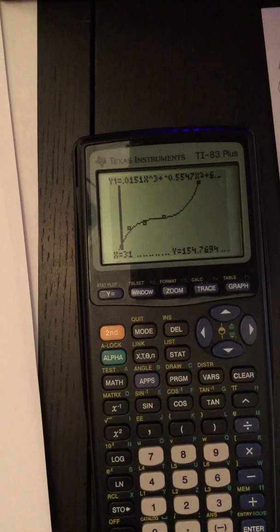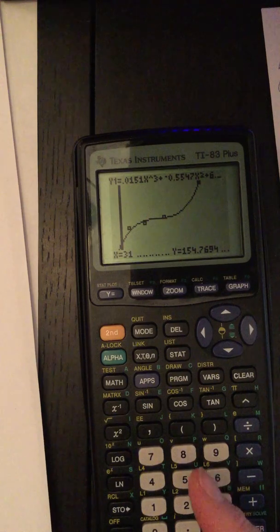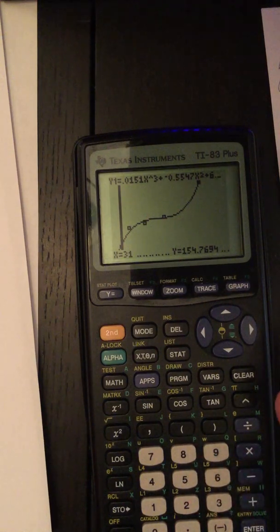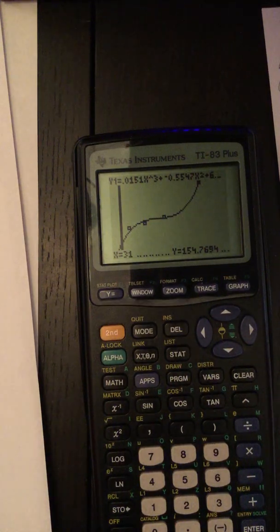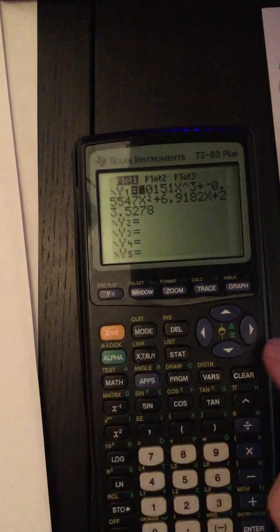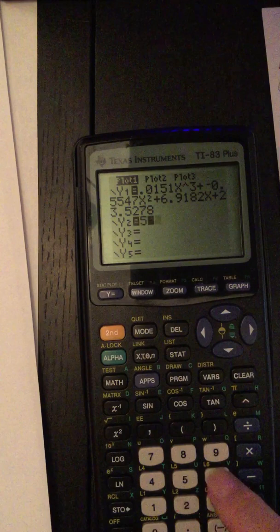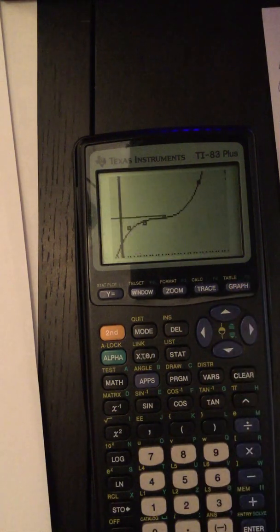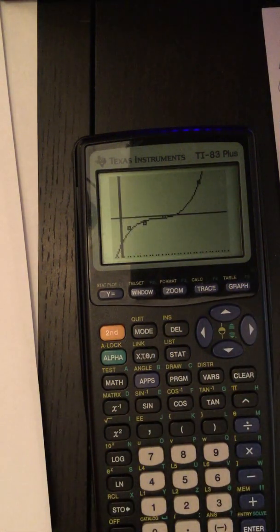Then it says, estimate the year in which the average gas price was 56 cents per liter. So what we're going to do is we have to figure out, that's the price of gas, right? 56 cents per liter. So we're going to go in here and we're going to make a y equals 56, and we're going to graph. Now we get a line across, right?